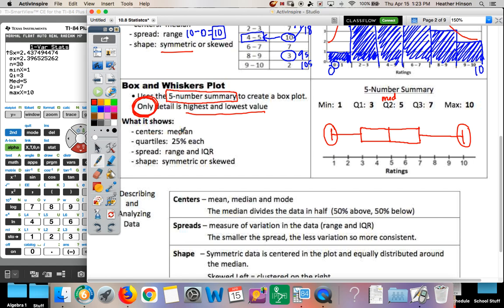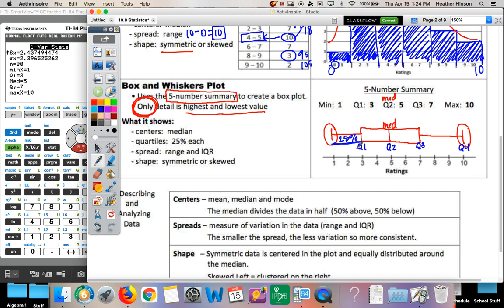You can find the median. The median is the middle of that box. You can tell quartiles. So you have your Q1, your Q2, your Q3, and technically this is Q4. We just call it the max. So this first little section is 25% of your data.